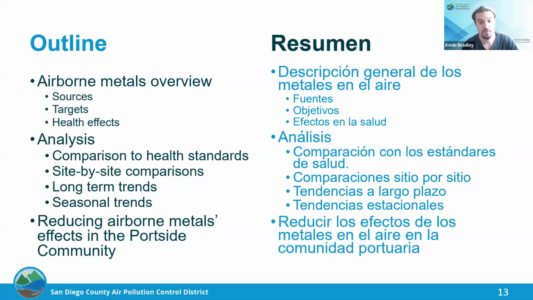Next slide, please. If you've seen one of these presentations before, we try to hit some key points, including what some of the sources are, the type of pollution we're talking about, the names of some of the different chemicals we monitor for, and what the health effects are. From there, I'll go into what the data has been telling us. We have just about a year of data.